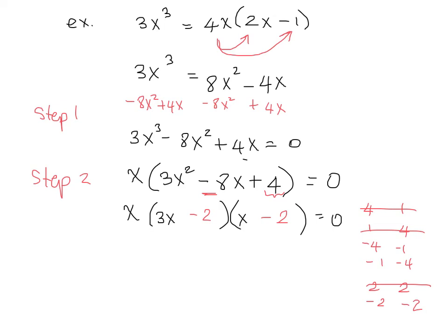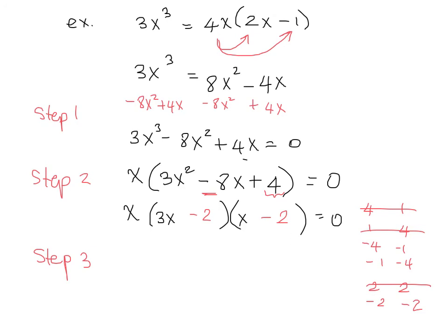Step 3 and the final step is to solve each part. And now recall that you have numbers being multiplied, in this case 3 numbers. We have an x being multiplied by 3x minus 2, which is being multiplied by x minus 2. So we have 3 things being multiplied. And the only way to get an answer of 0 is if at least one of these 3 things is equal to 0.